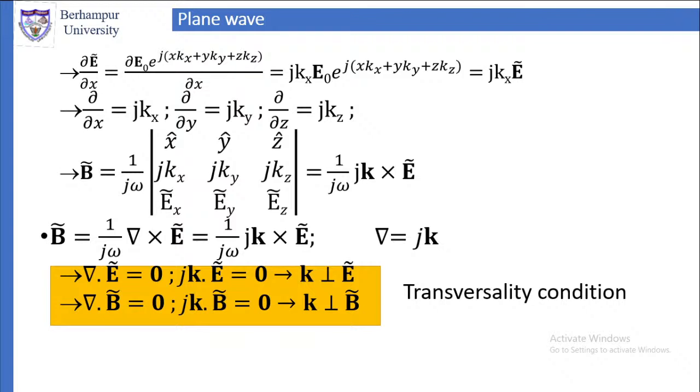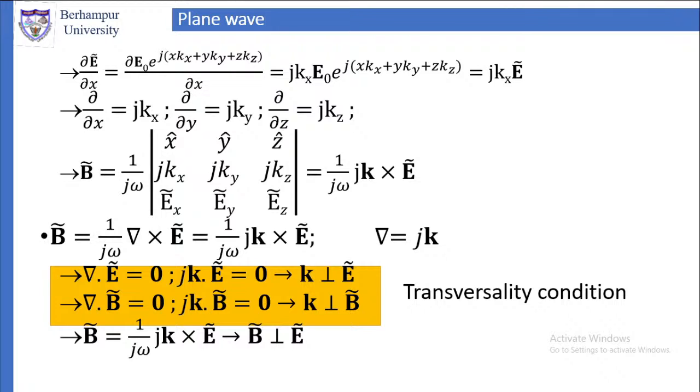So k is perpendicular to E tilde, k is perpendicular to B tilde. This is called the transversality condition. Now we know from this that k is perpendicular to E tilde and B tilde, which means E tilde and B tilde both must be perpendicular to k, which means E tilde and B tilde must be in one plane, and that plane must be perpendicular to k.